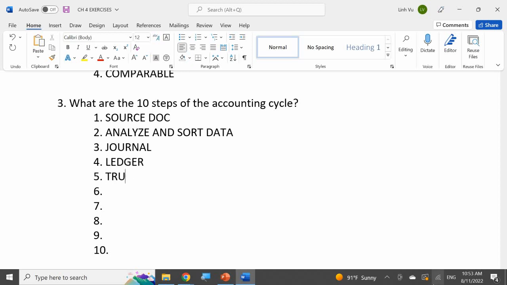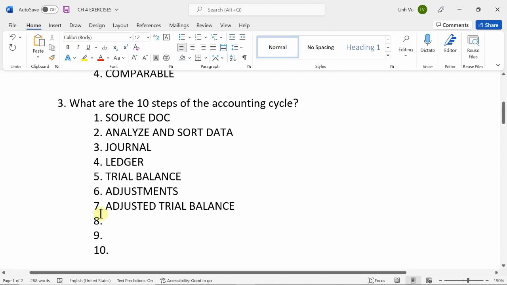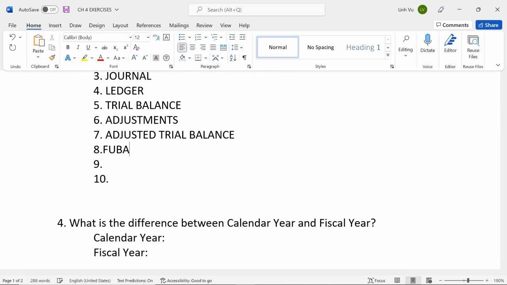Prepare unadjusted trial balance, enter adjustment entries, prepare adjusted trial balance, create financial statements, closing books.